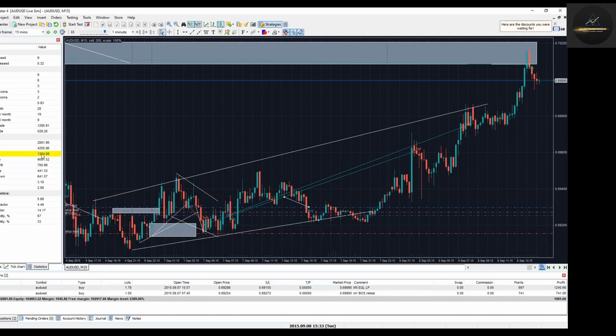I've got a gross profit of 1.3%. Max drawdown, that's not bad, 0.6%. Profit factor 3, so that's really good performance so far. And it's a 67% win rate.